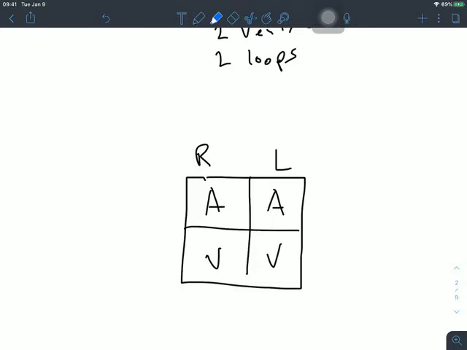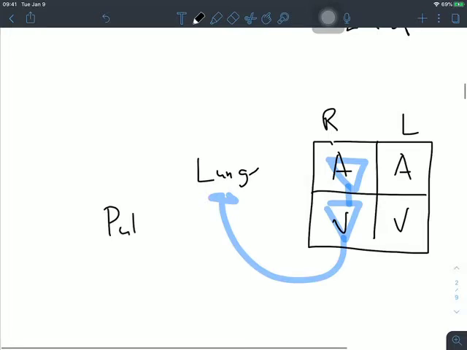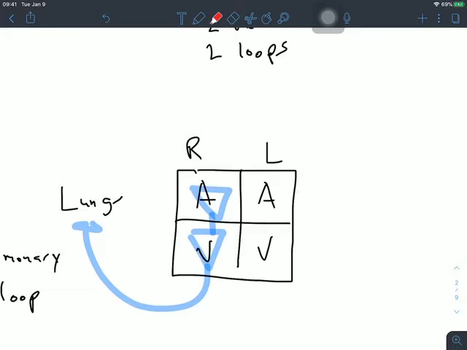The right atrium and right ventricle are receiving deoxygenated blood. Therefore, they are pumping it to the lungs, which we call the pulmonary loop, the pulmonary circuit. This deoxygenated blood then gets oxygenated in the lungs and carries over to the left atrium and left ventricle.